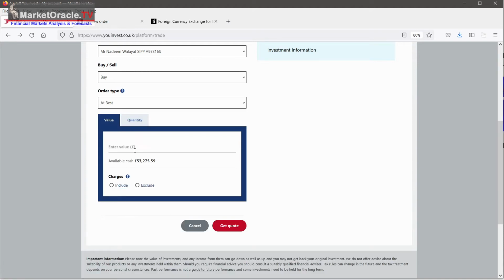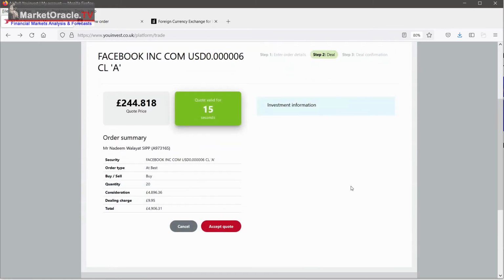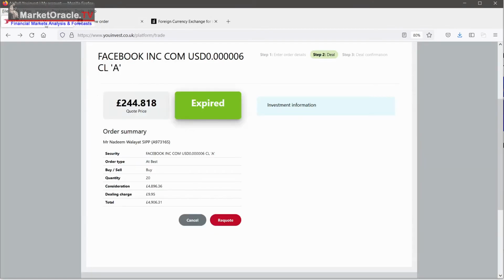So at quantity 20, let's see what the quote is now. For spot orders, obviously, 4,009 has gone down. Facebook's dropping. But I would set a limit of 329, which on theirs is the same. Look, we're getting the same price now.